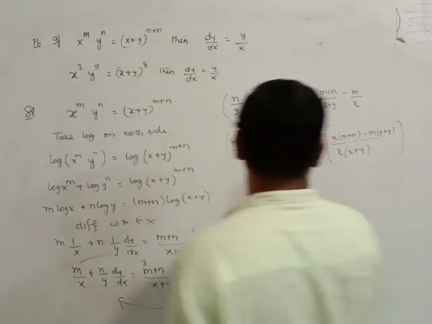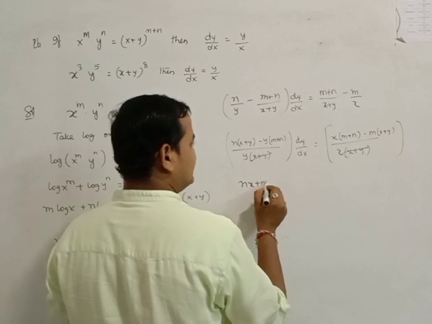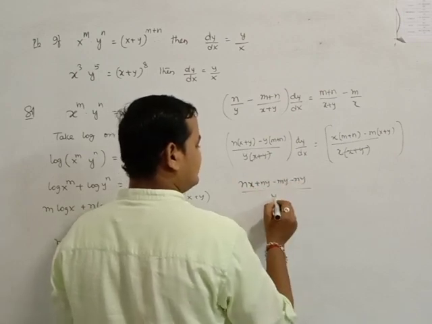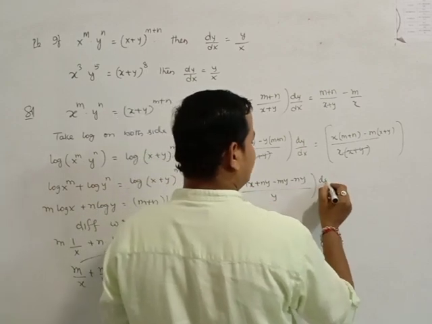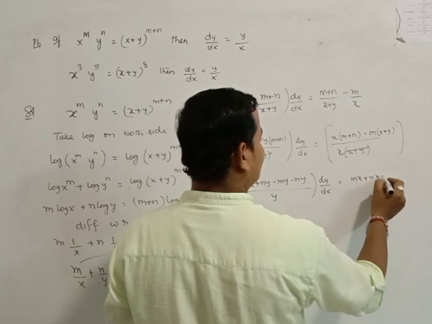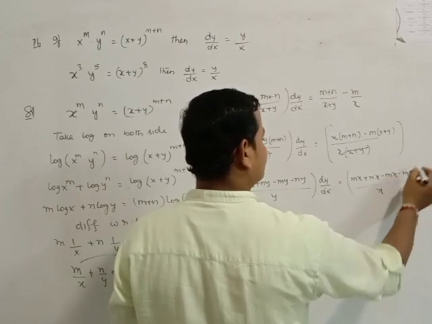Okay, now this term and this term cancel. Nx plus ny minus my minus ny by y into dy by dx is equal to mx plus nx minus mx minus my by x.